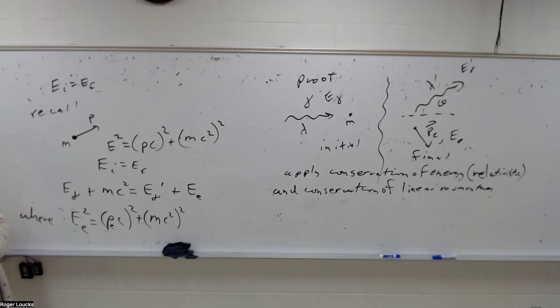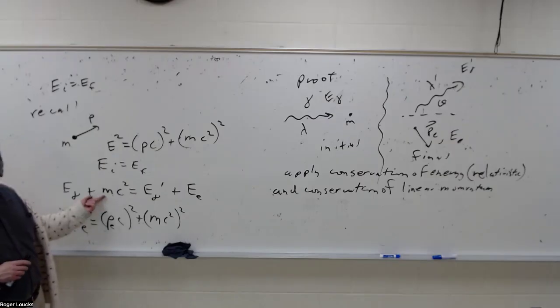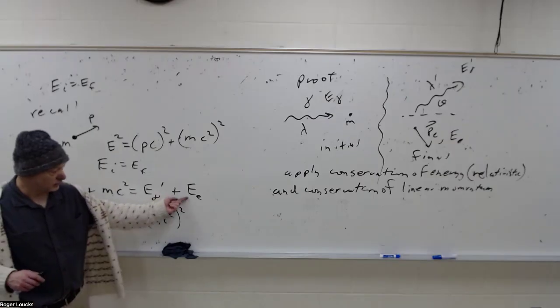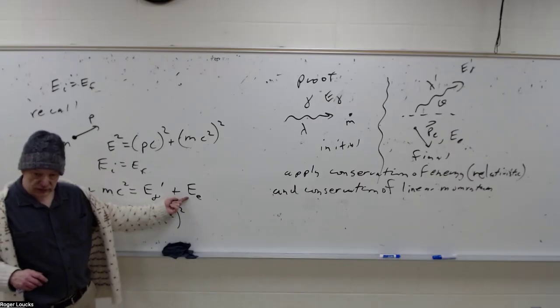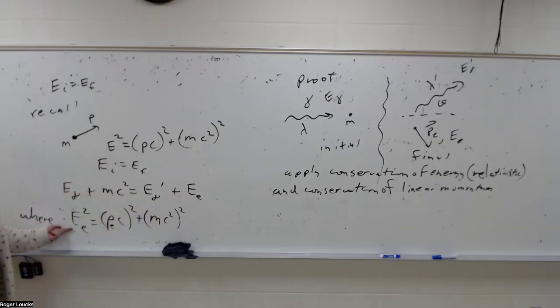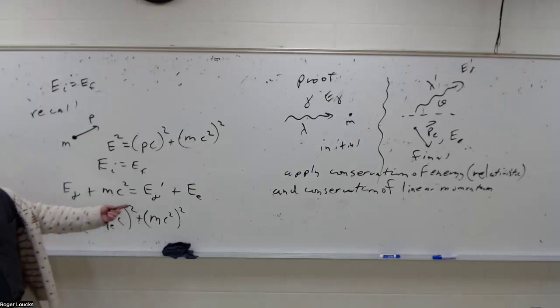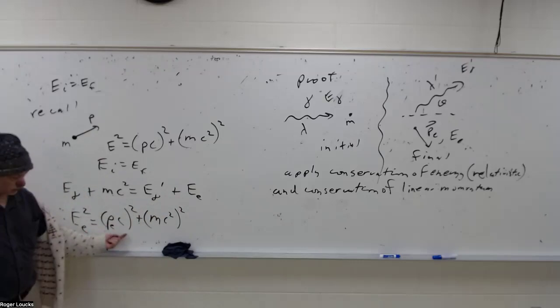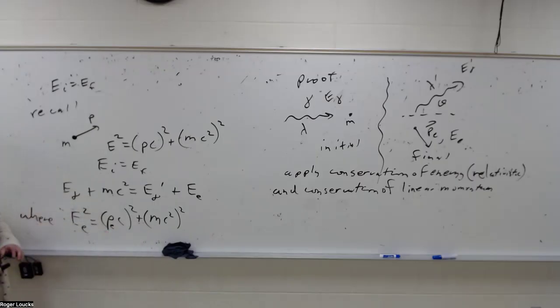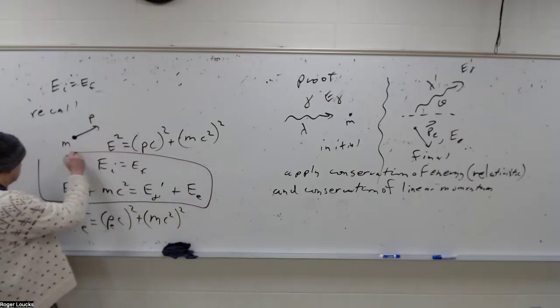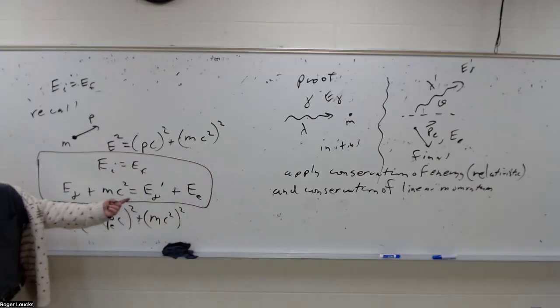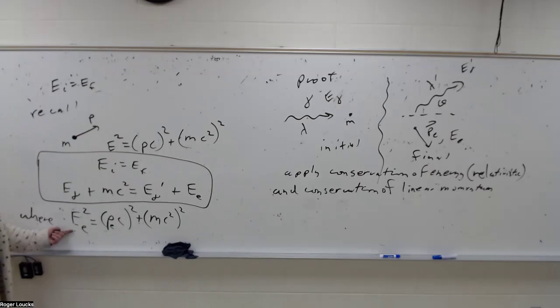What did you do with the mc squared on the left side there? It just sits there. I'm saying that this E squared here, this E_e here, is this guy here. These are two different equations. Oh, okay. So this guy here is this right here. That makes sense? But these guys go with this. They're connected. And what is this E here? This is my buddy here. That makes sense?